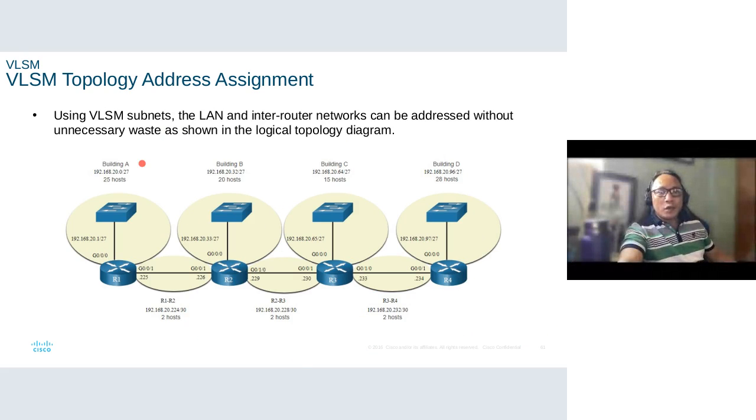This is an example of a topology for VLSM address assignment. No? So using VLSM subnets, yung requirement ng inter-router network can be addressed without unnecessary waste. No? As shown here, mapapansin mo na /30 ginamit dito kasi 2 hosts lang yung gamit. No?